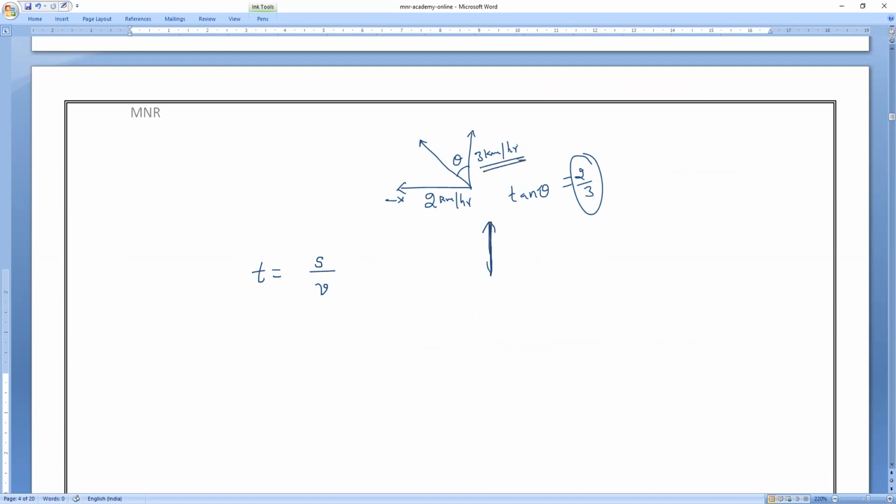So what is the vertical direction velocity? 3 kilometer per hour. So distance is 12 kilometer and velocity is 3 kilometer per hour. So total time is how much? 4 hours. He will travel 4 hours. Is it okay, guys?